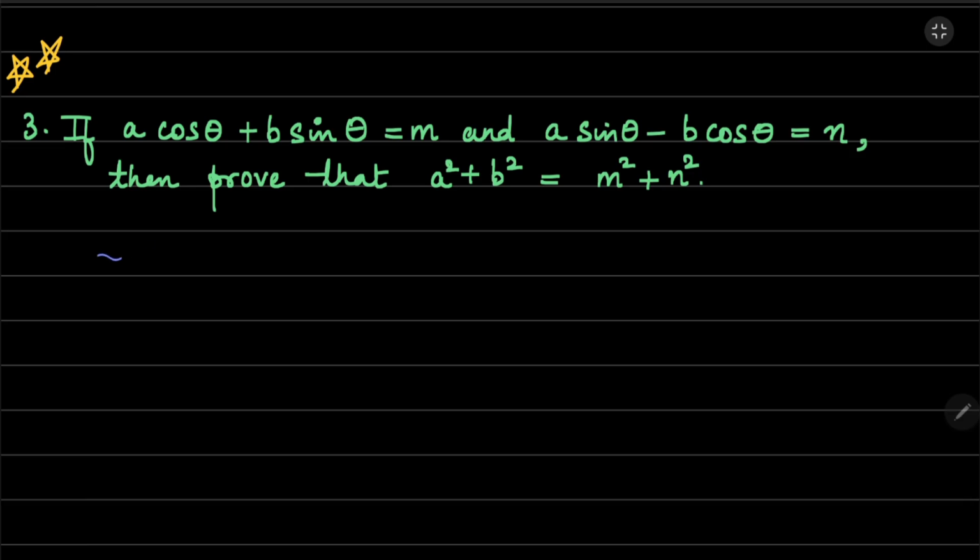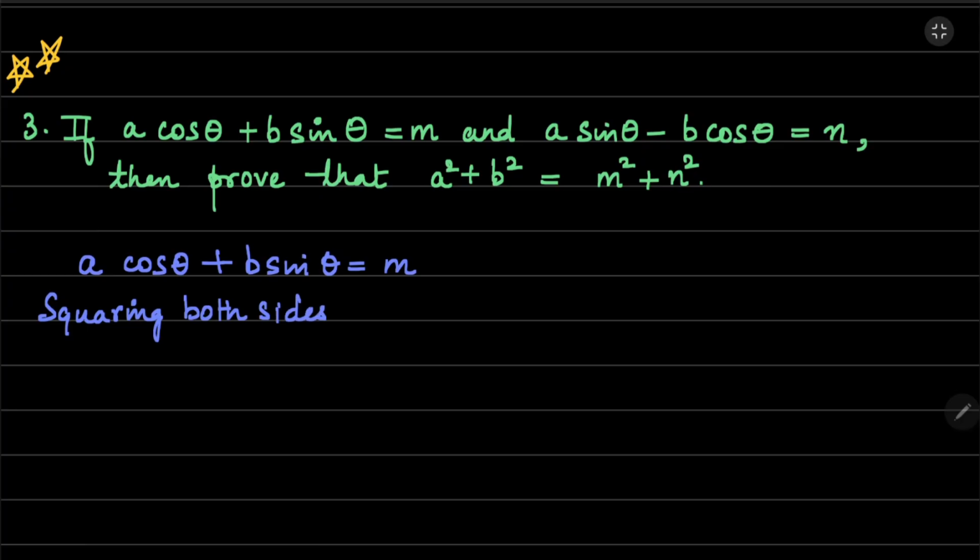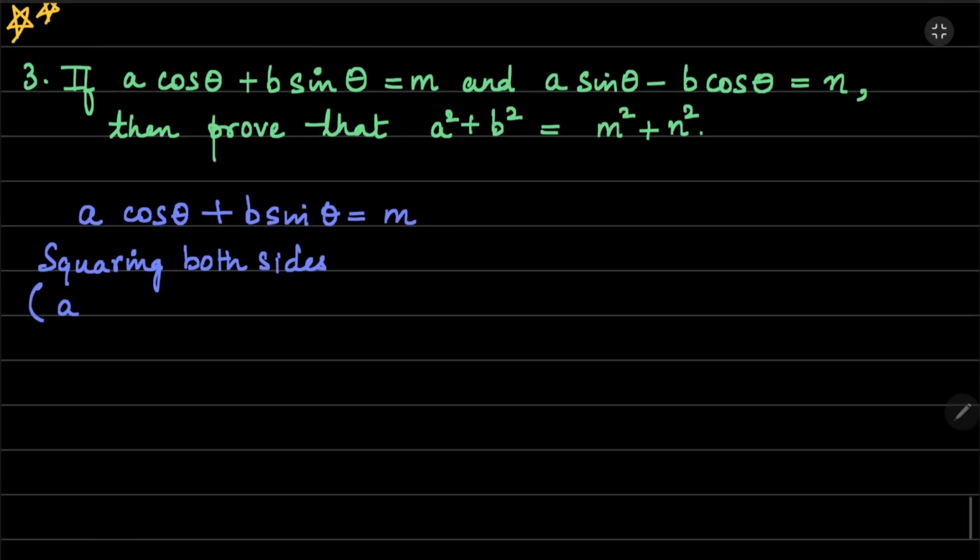Okay, so we are given a cos theta plus b sin theta is equal to m. So we square it on both sides. Squaring both sides, what do you get here? a cos theta plus b sin theta, the whole square, is equal to m square.